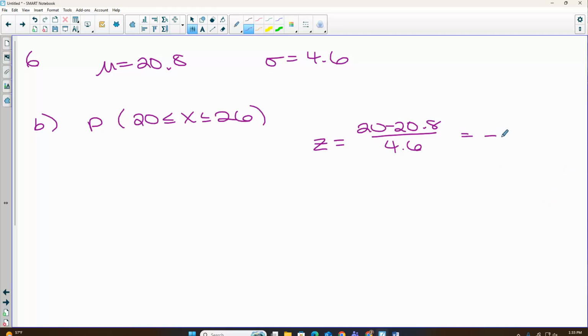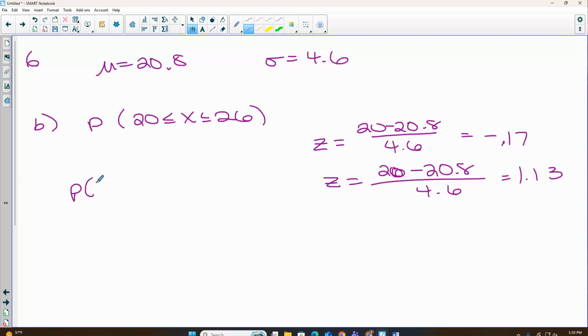So that one's negative 0.17. For this one, our value, 26, minus 20.8 divided by 4.6 gives us 1.13. So we are finding the probability that Z is between these.